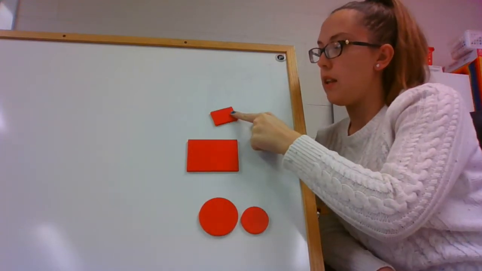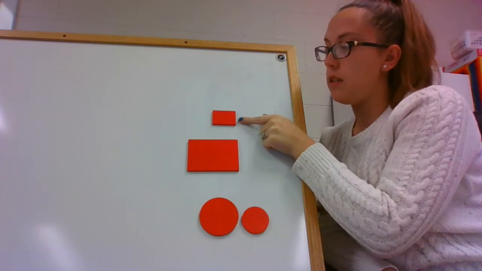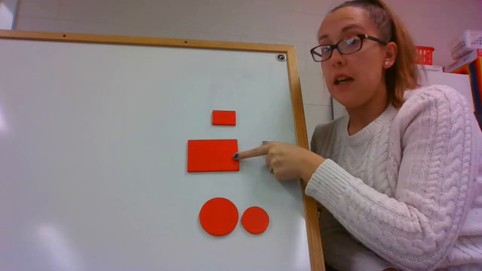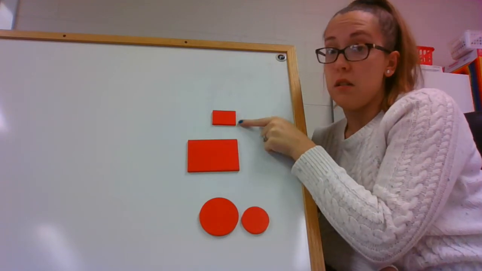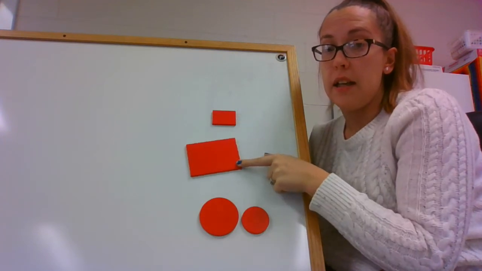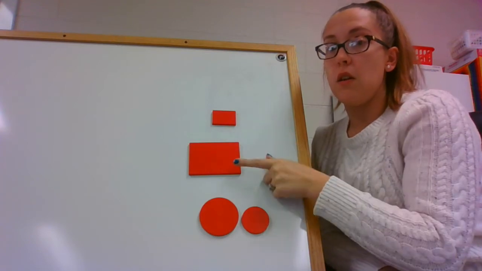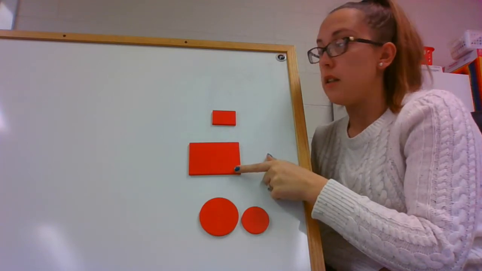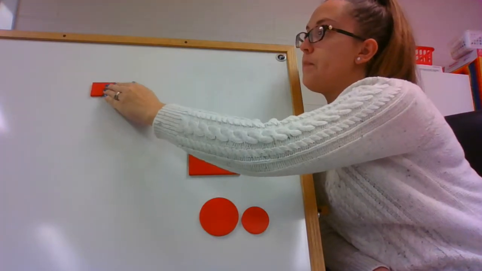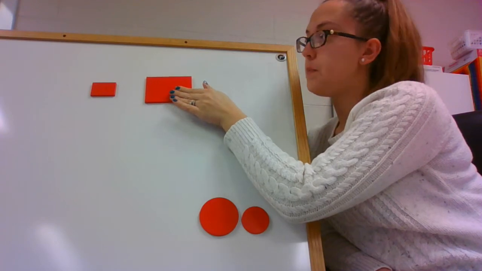Now I want to put this one first. If we look at this one and this one, one is big and one is small. So we have a small one and a large one. Small rectangle, large rectangle. So I'm going to put my small one first. Then I'm going to put my large rectangle.